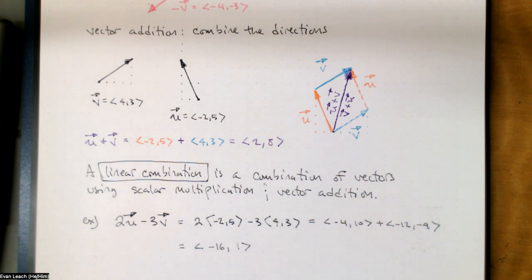Making linear combinations, we're just combining things exactly and doing the operation exactly how we think it should work.